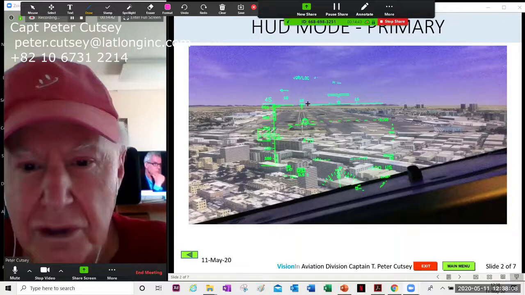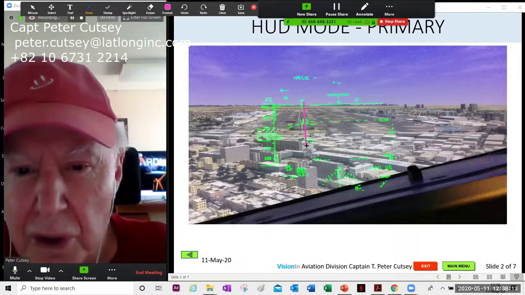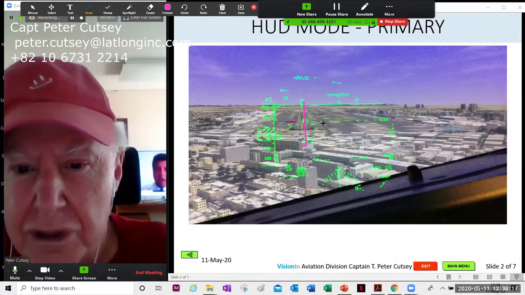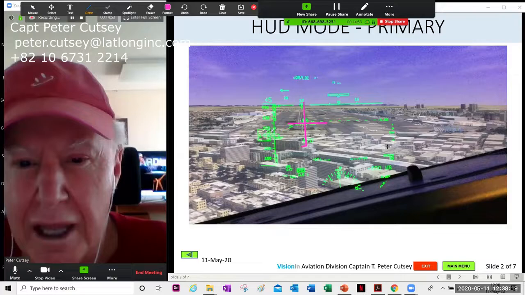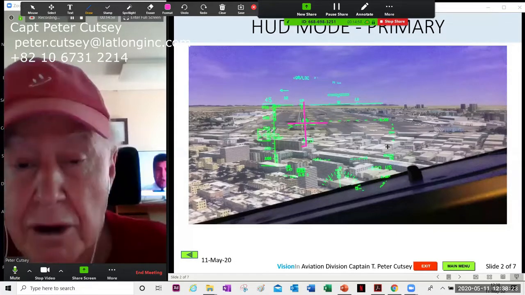So if you had flight directors like so, and like so, you could kind of think of it as that's how you fly an approach with flight directors.